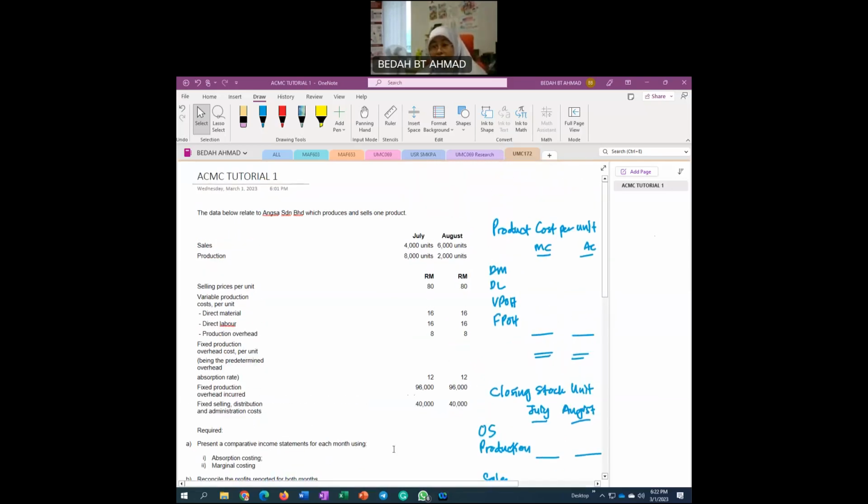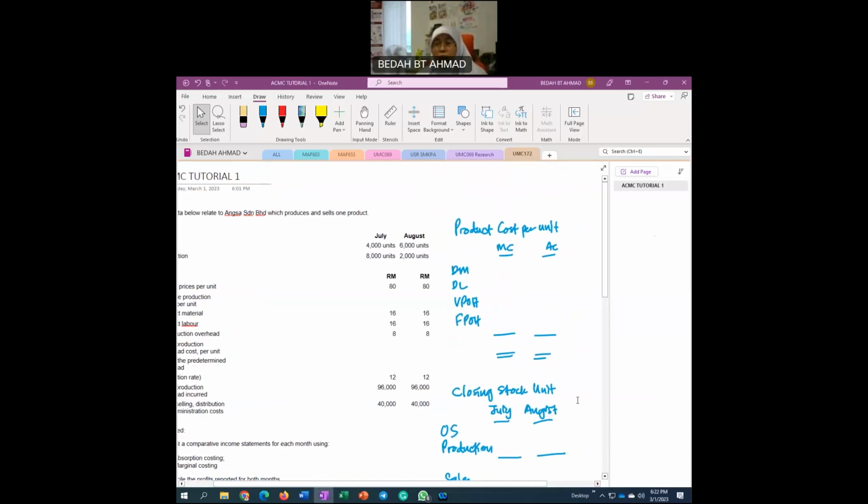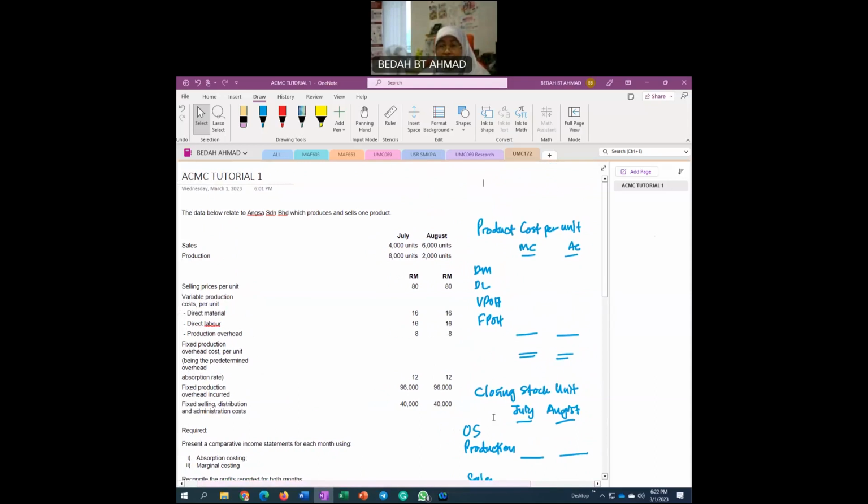Okay, first things first, you need to calculate the production cost per unit. Here we just rewrite the information given in the questions. Direct material is 16, 16. Direct labor is 16 and 16.